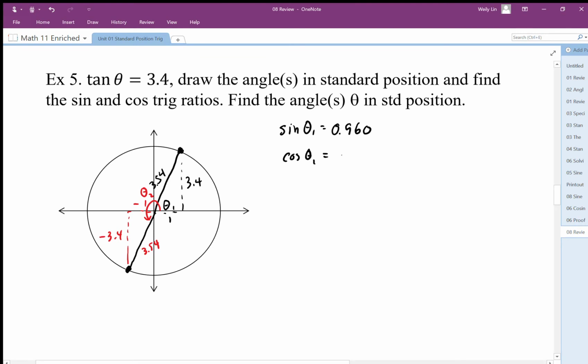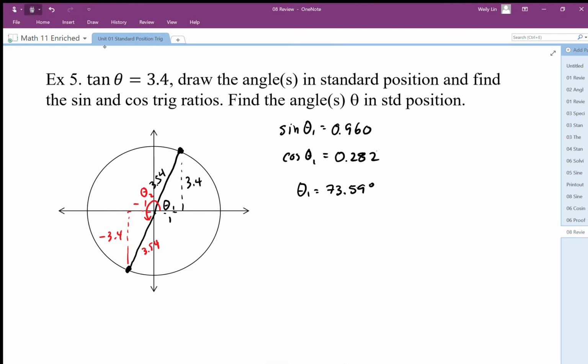I get 0.282. Okay, and then solving for theta 1, if I do the inverse cosine of that, I get 73.59 degrees. Okay, and that's the right quadrant. Those match, so I'm going to keep it like that.